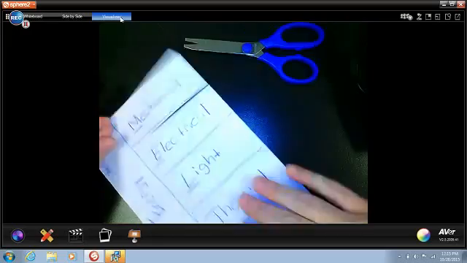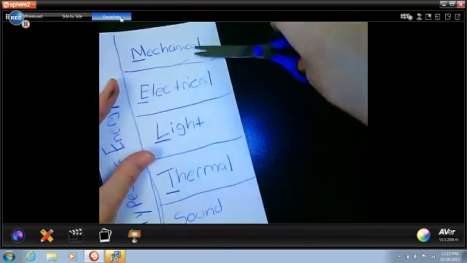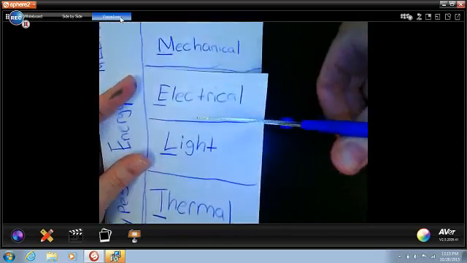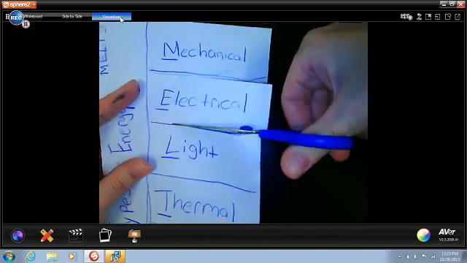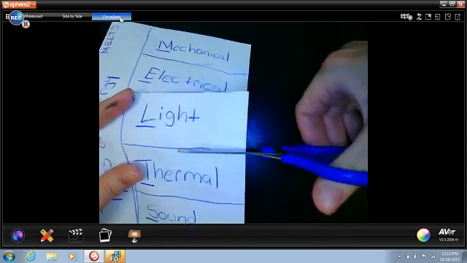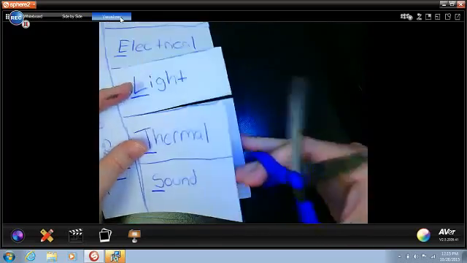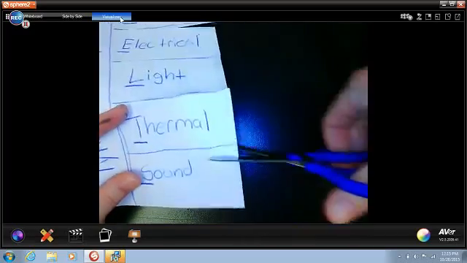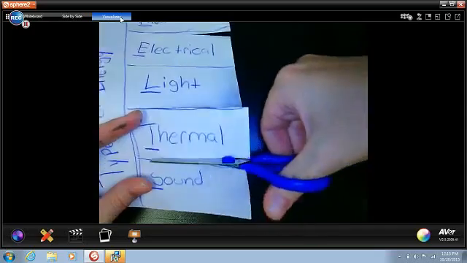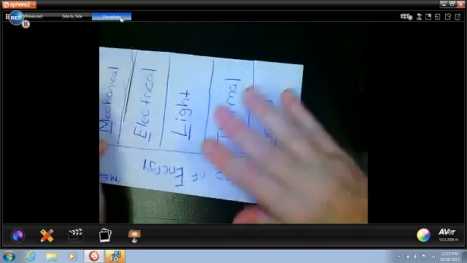We're going to do it with each of these lines. So now we should have a lot of little flaps.